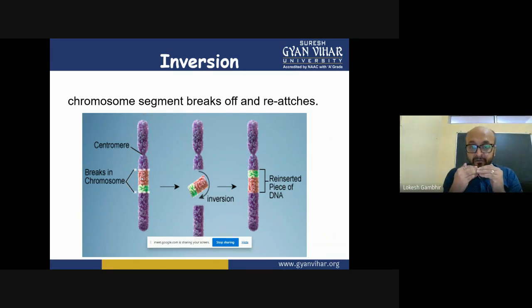So the complete reading frame is now inverted. It was supposed to form a straightforward protein. Now, since the sequence is inverted, the gene will not be able to form a potent protein. It may form a truncated protein. So this is called inversion, and these types of mutations are seen in the chromosome scenario.